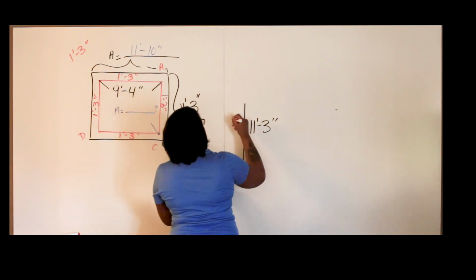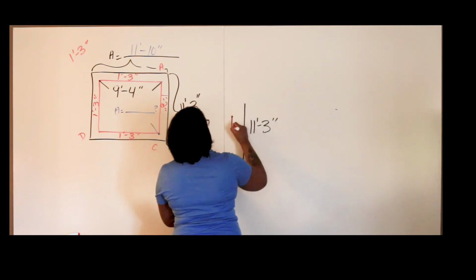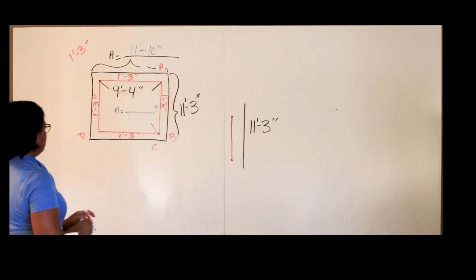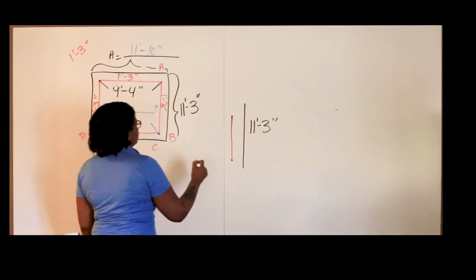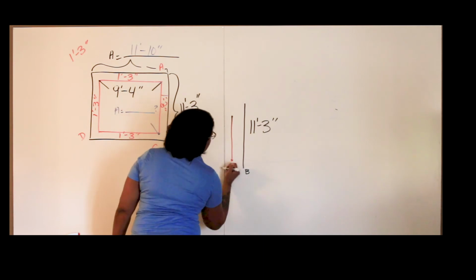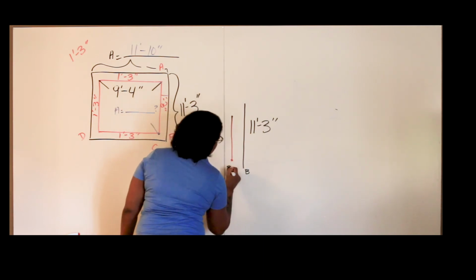We want to find this information. We want to find that interior wall for A. This is side A, side B. Well, I'm sorry, this is side B, interior, B, exterior.